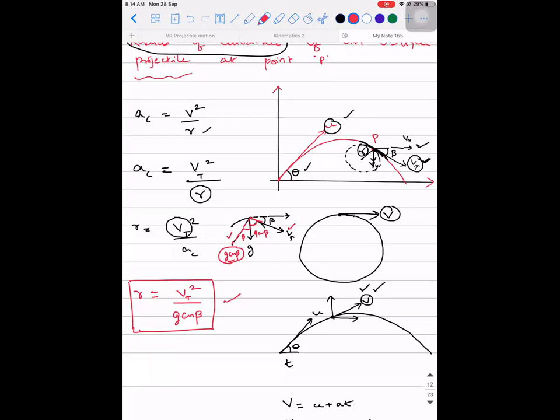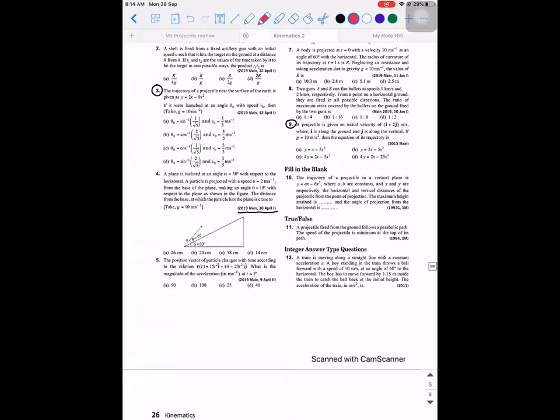Clear? So with this idea, let us try solving the problem which was asked in exam.